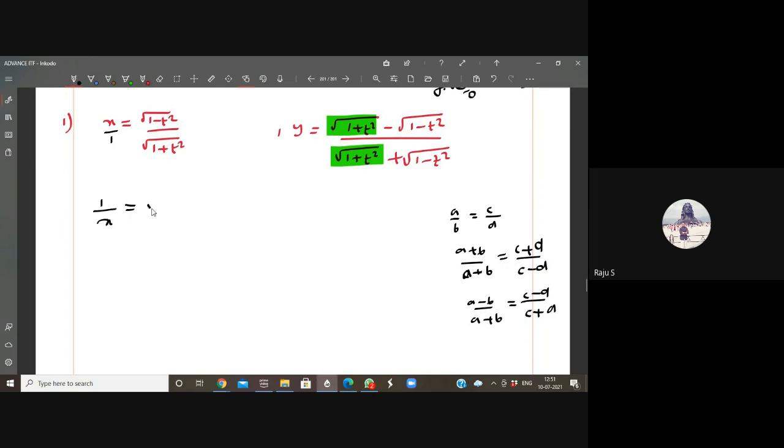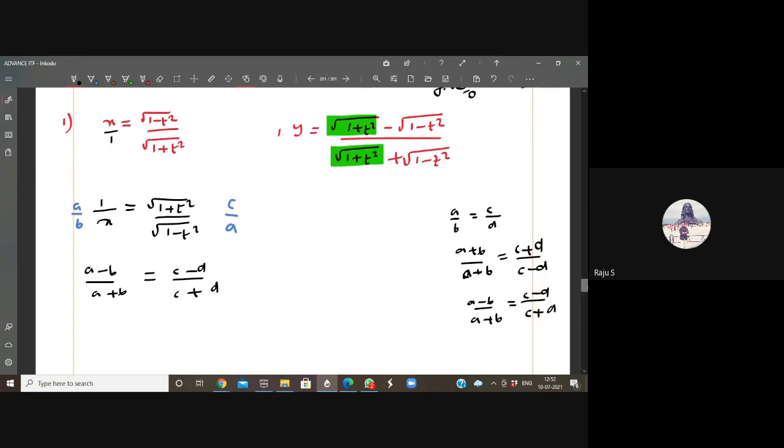1 by x is equal to root over 1 plus t square by root over 1 minus t square. Now you can apply componendo and dividendo. Let us take this as a by b and this as c by d. So componendo and dividendo is: a minus b by a plus b is equal to c minus d by c plus d.